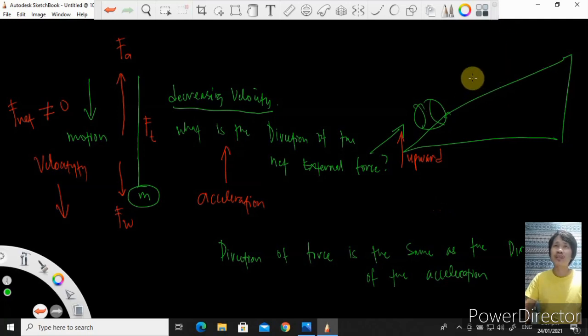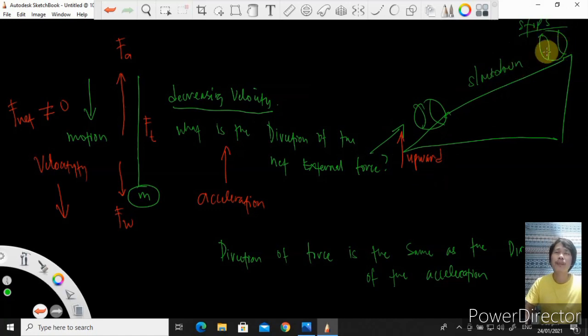Syempre, it will slow down. Tama yun, kasi pataas yung inclined plane natin. Say for example, at this point the object stops. Tumigil siya sa pinakataas ng inclined plane. Okay? So, sinipa mo yung bola, it slows down, and then at the top it stops.